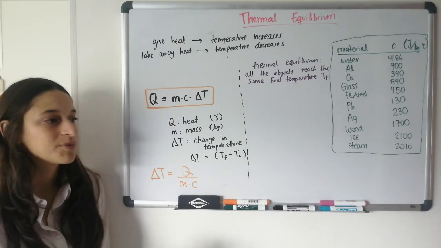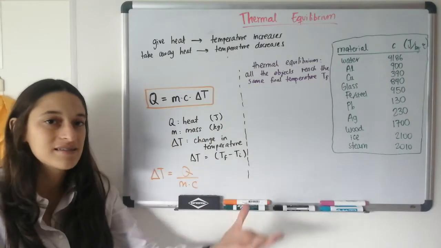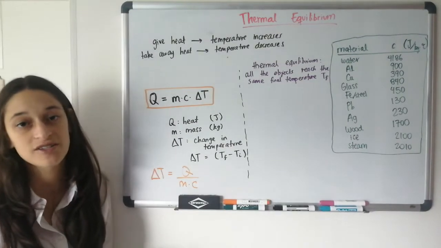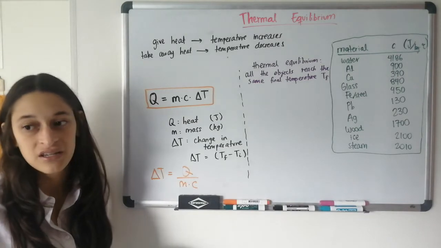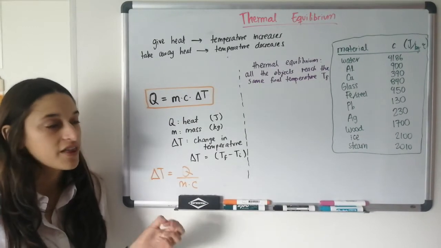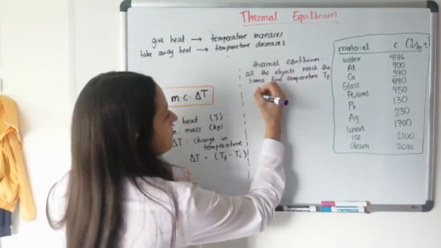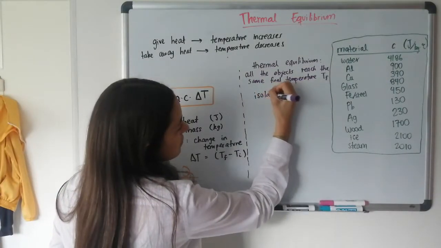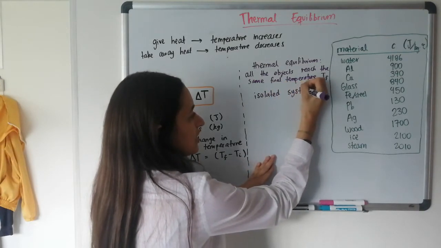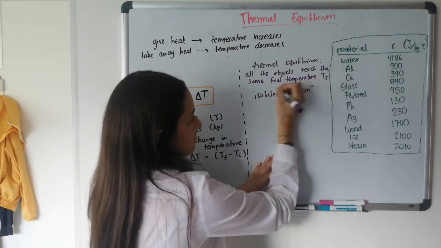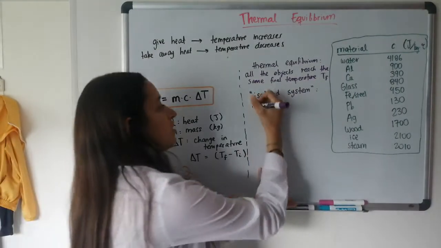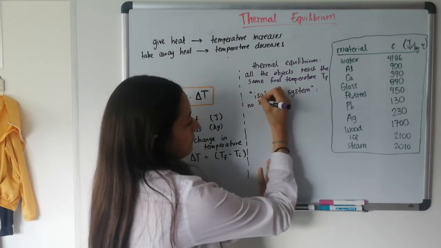So what we're talking about is this isolated system, or this perfect situation in which no heat is lost to the surroundings, no heat goes out of the pot. So we call that an isolated system, which just means that we don't allow any heat to leave or enter the system, or the group of objects, from the surroundings. So no heat enters or leaves.